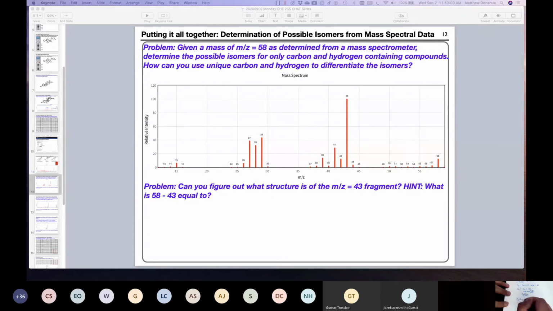C4H10. How many degrees of unsaturation are in C4H10? So yeah, there's 0 because we know CnH2n plus 2, where n equals 4.